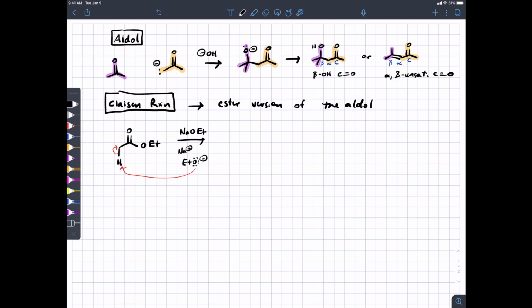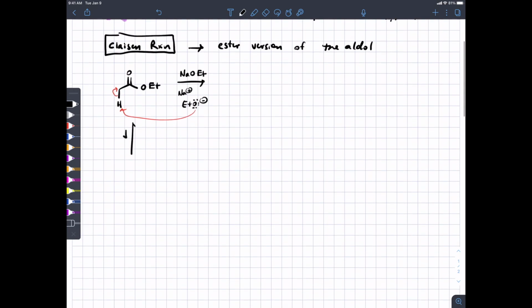because the pKa for the ester alpha proton is so much higher than that of ethanol. We'll form a very small amount of ester enolate, just as we formed a small amount of enolate in the aldol reaction.